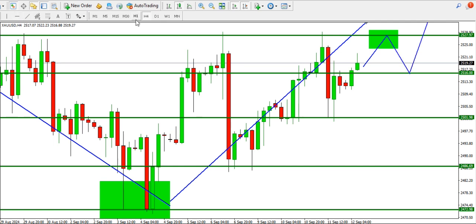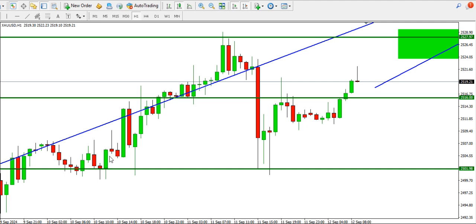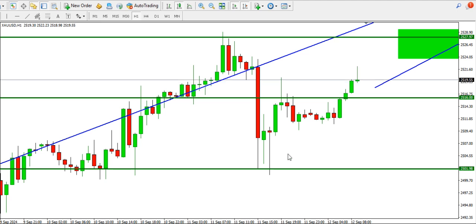For the 1-hour time frame, what do we have? We can see that price is ranging, but ranging upwards. We have a low around here. We have a higher low. The very higher low point was tested again, and price is pushing up. We have a lower high here which has been broken.